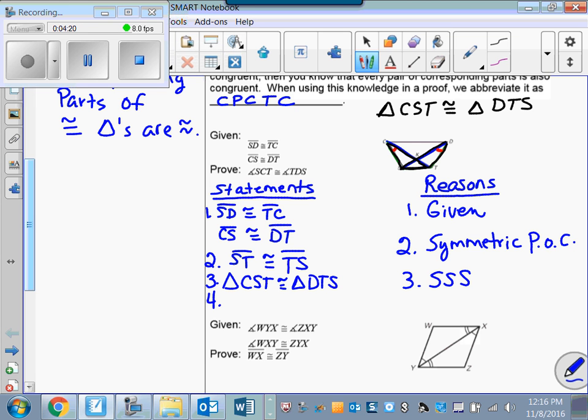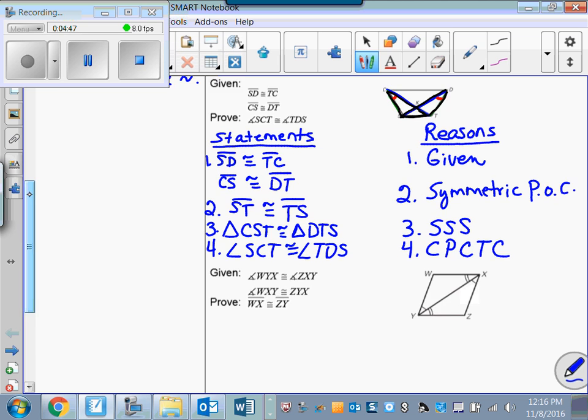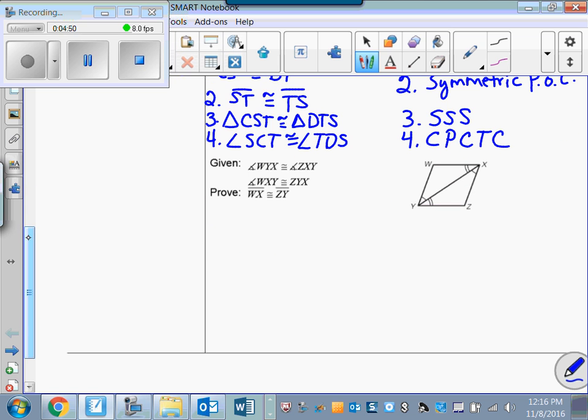And now that I've got those triangles congruent, I can say that angle SCT is congruent to angle TDS because those are corresponding parts of congruent triangles and they're congruent. So that's all I got to do right there. When I'm trying to prove that parts of two triangles are congruent, I need to prove the triangles are congruent first and then use CPCTC.